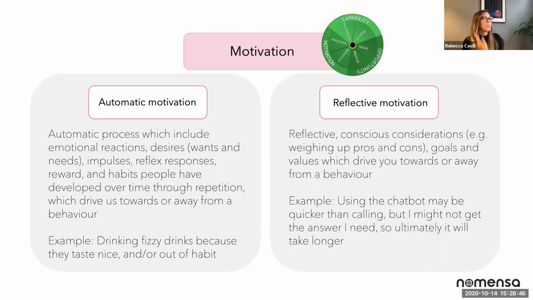Reflective motivation is reflective, conscious considerations, particularly weighing up the pros and cons of a behaviour that you may or may not engage in, and goals and values which drive you towards or away from a behaviour. This is a good example for the chatbot example I gave earlier. Using the chatbot may be quicker than calling, but I might not get the answer I need, so ultimately it will take longer. So that's being reflective and weighing up the pros and cons of using the chatbot.